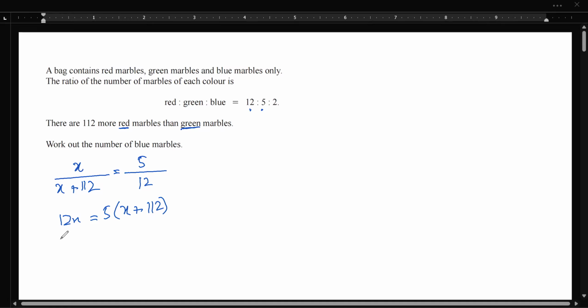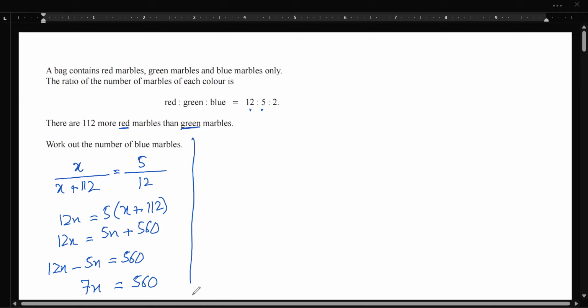So it's going to be 12x, it's going to be 5x, and this is going to be 560. So I need x, I move 5x to the left and it becomes negative 5x. It's going to be 7x and this is 560.